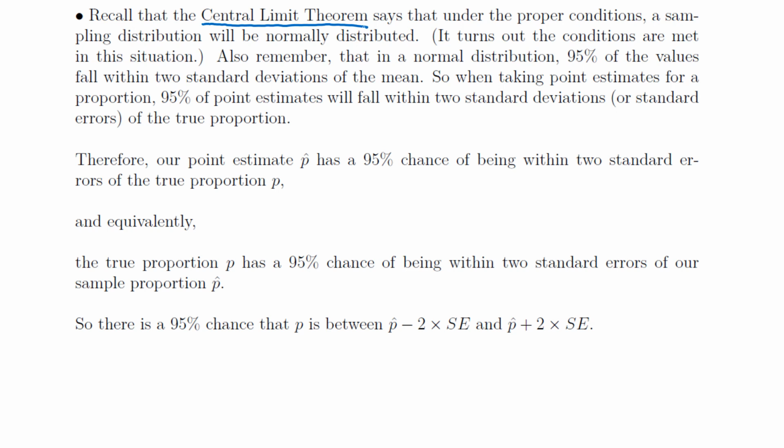Okay, so we know that that's the case. That was what motivated us to study the standard normal curve in the first place. And the other thing I want you to remember is that in a normal distribution, 95% of the values fall within 2 standard deviations of the mean.